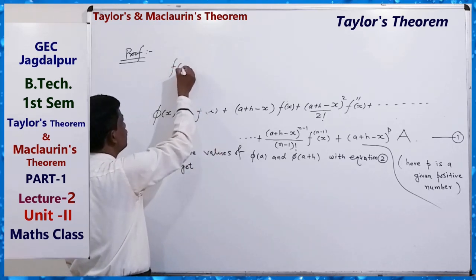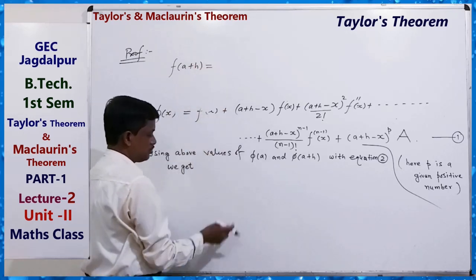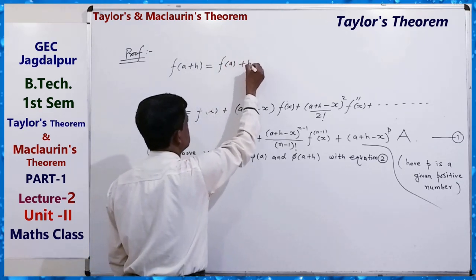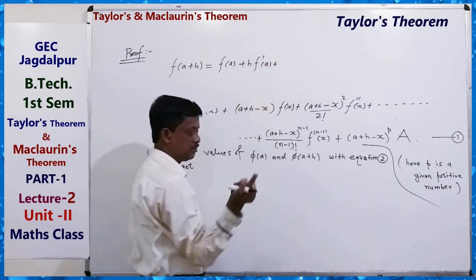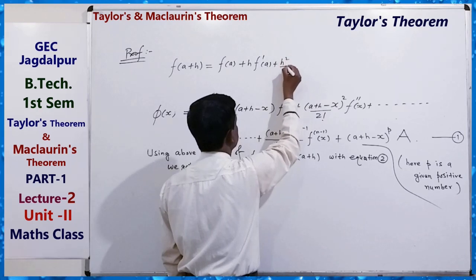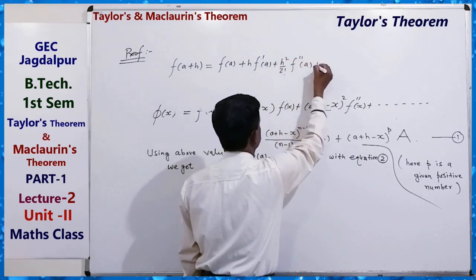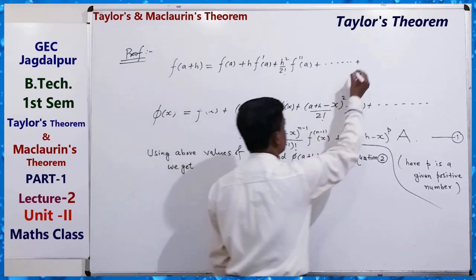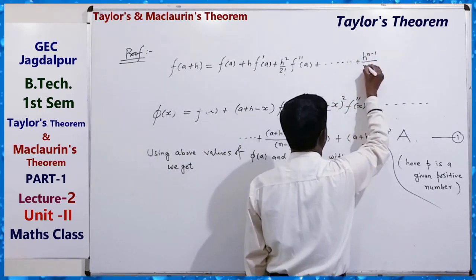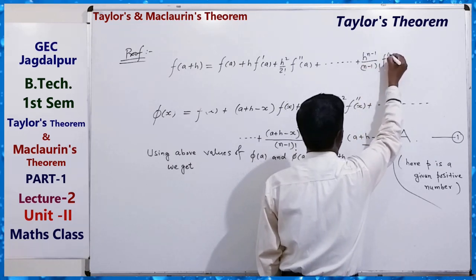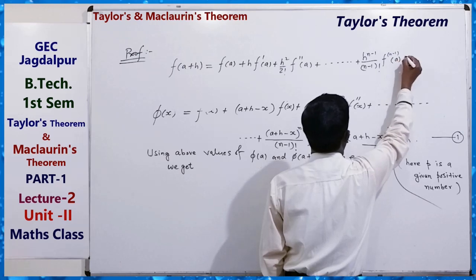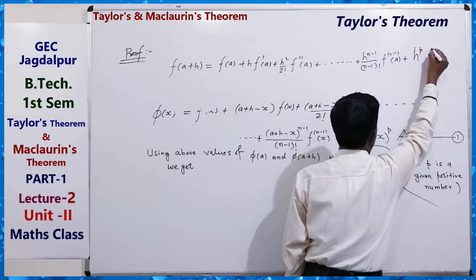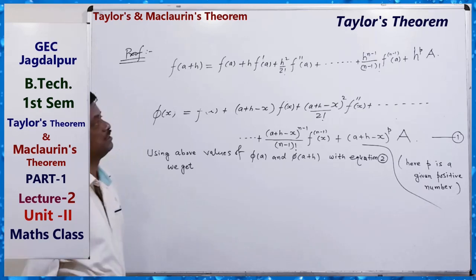So f a plus h equals, just like phi a means here f a plus h f dash a plus h square by 2 factorial f double dash a plus up to h to the power n minus 1 upon n minus 1 factorial f n minus 1 derivative of a plus h to the power p into A. So we get it this way.